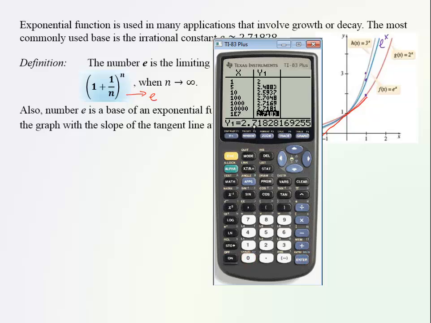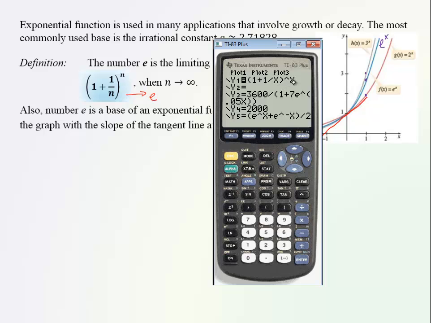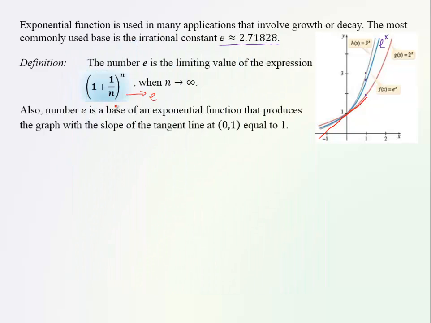The numbers really agree on the first four, even 5 digits. It's 718281. So we are sure up to 5 digits. Therefore, as we checked, yes, if x is approaching infinity, the value of our expression 1 plus 1 over x to the x is really approaching the constant e. So that's one way of defining number e.